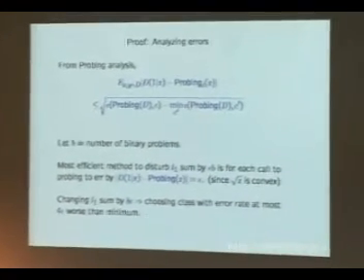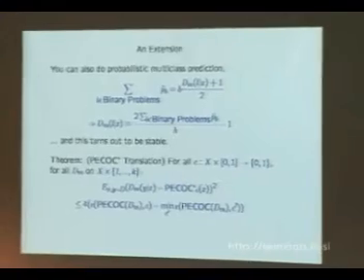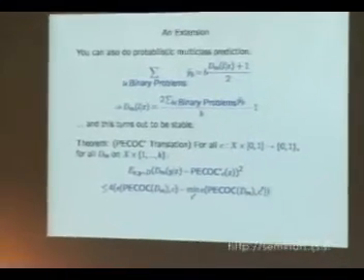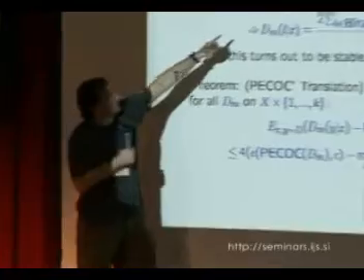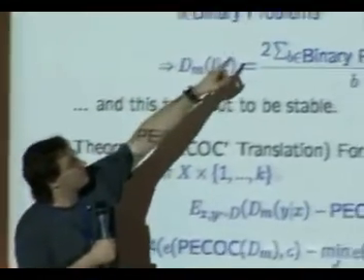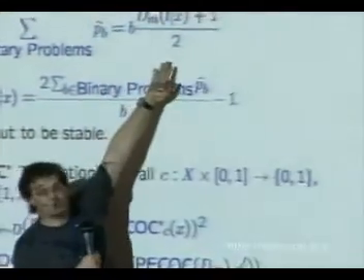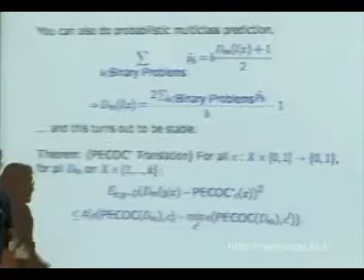Okay, so there's a simple extension. We know that when our binary classifier is correct, this sum equals this, using that reordering trick.